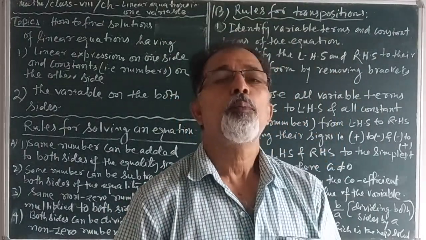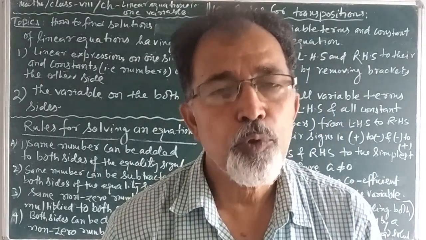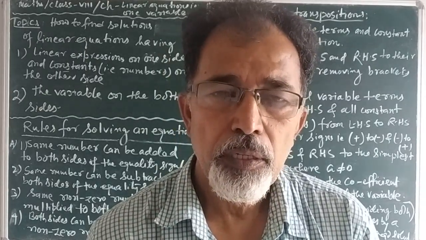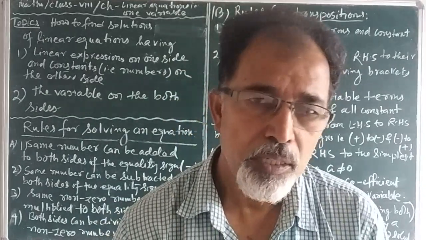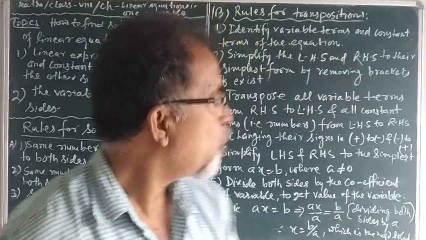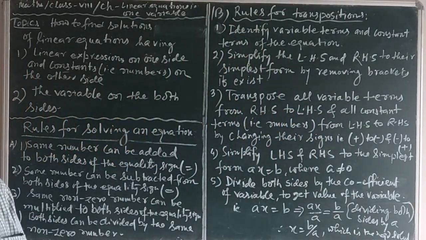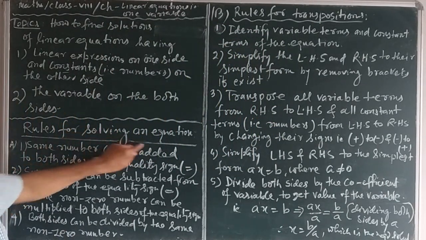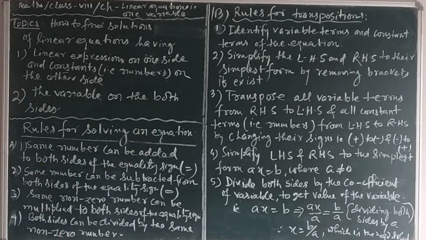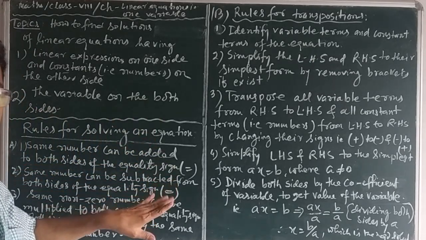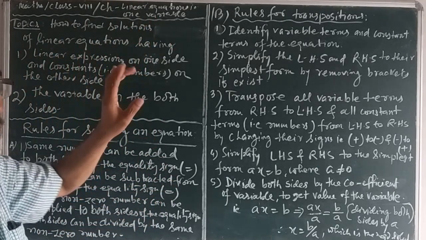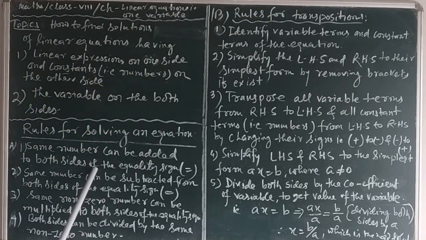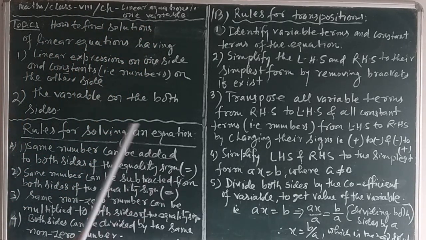Now, before we solve some questions related to our topic, I want to discuss the rules of solving an equation. The rules for solving an equation, I have divided into two parts, A and B. A: the same number can be added to both sides of the equality sign.